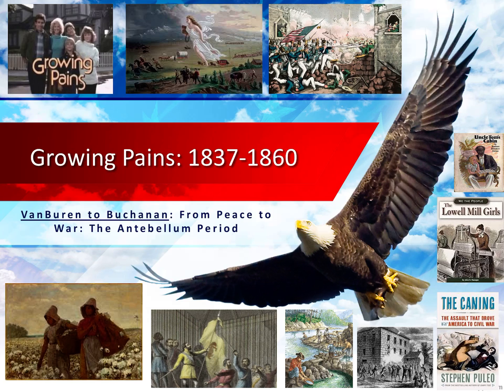But we're going to look at the growing pains of our nation between the presidencies of Van Buren to the presidency of James Buchanan. We're talking about presidents 8 through 15 in the years 1837 through 1860. This is the time period when we are in the second political party system, excuse me.